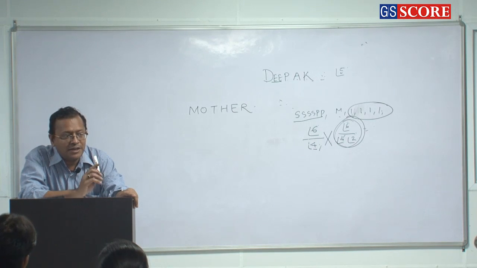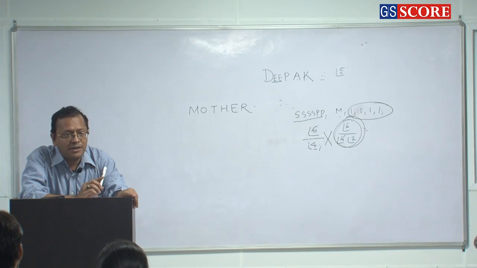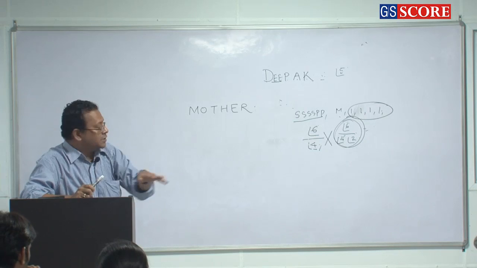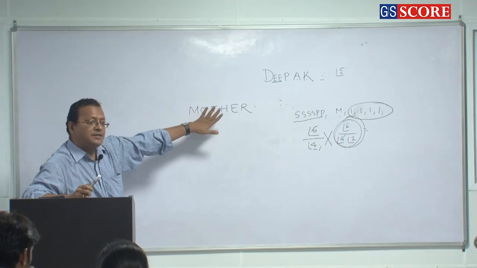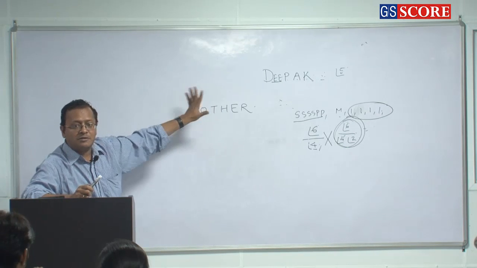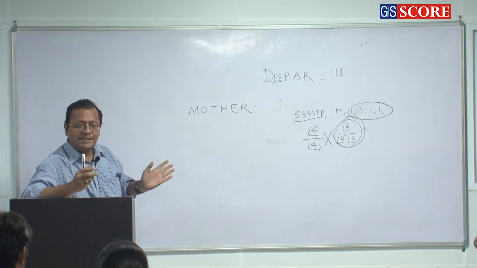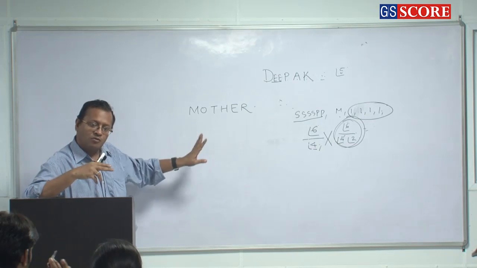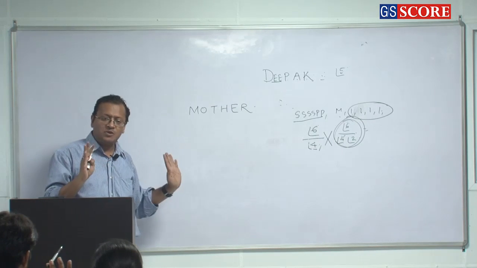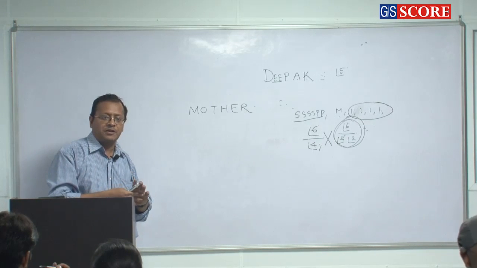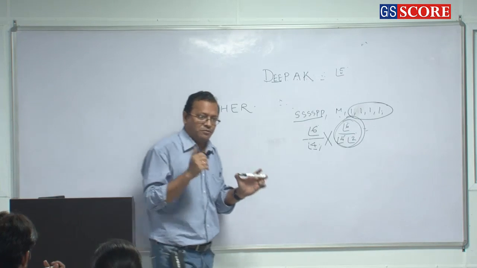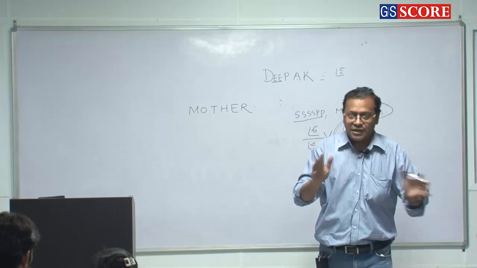Then what is the rank of the word mother in the dictionary? Which means the dictionary is formed of words formed from only these 6 letters among themselves. It is a dictionary whose words will all be formed from these letters. Meaningless or not, I don't care. Whether the words are meaningless or not, I don't care. But all the words formed from the word mother are arranged in a dictionary.